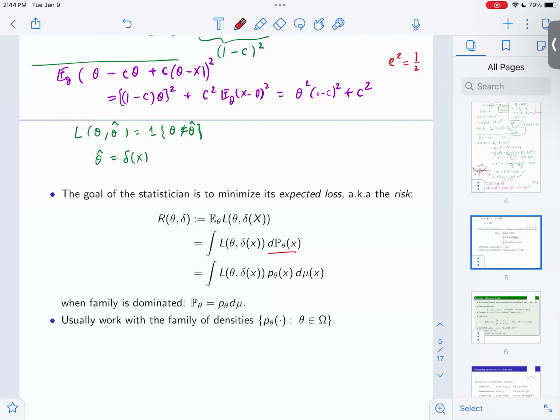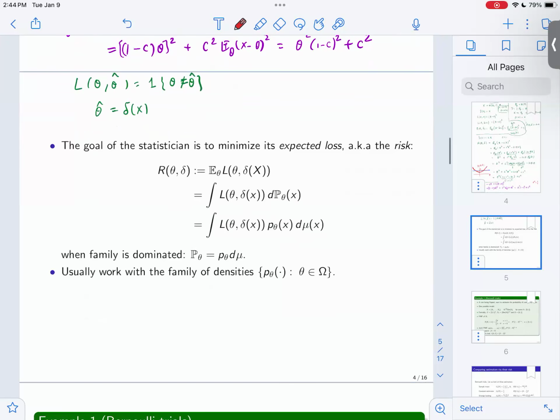Oftentimes we assume that these distributions have a density with respect to some underlying measure. Again, this is measure theoretic. If you're not comfortable with it, just imagine this measure mu is just dx, the Lebesgue measure. For a continuous random variable, we have a density in x.